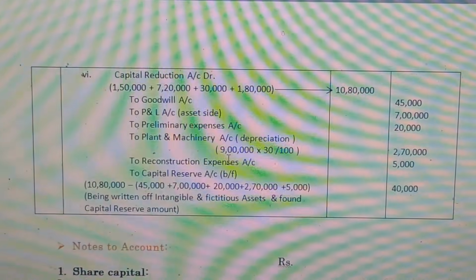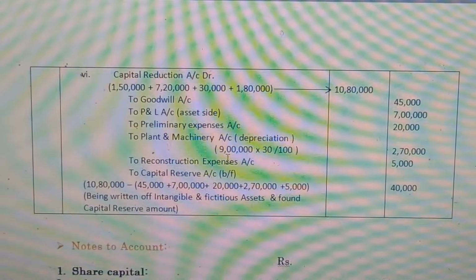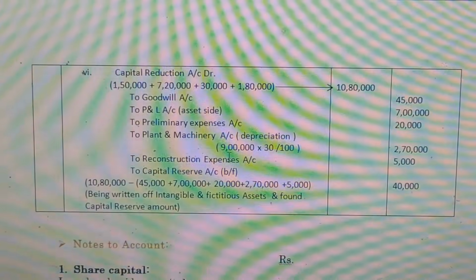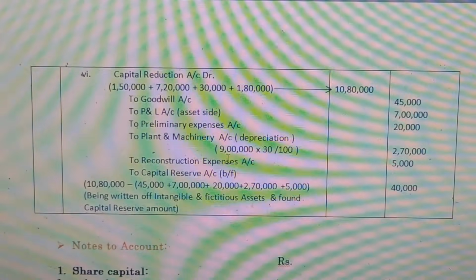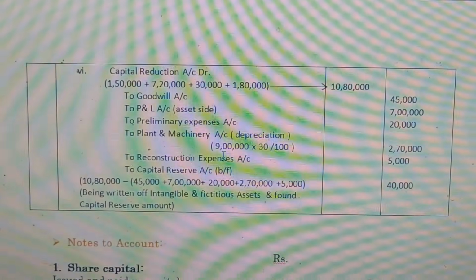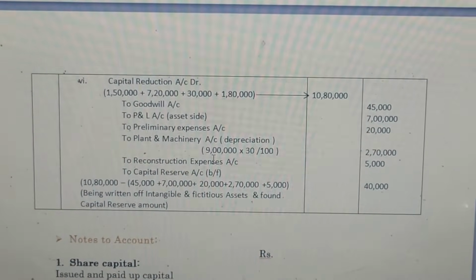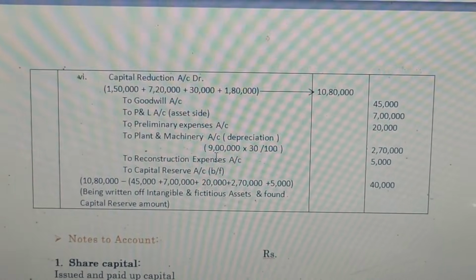We have already calculated different amounts of capital reduction. So 1,50,000 plus 7,20,000 plus 30,000 plus 1,80,000. The total capital reduction amount is 10,80,000, which we have to mention in the debit side.